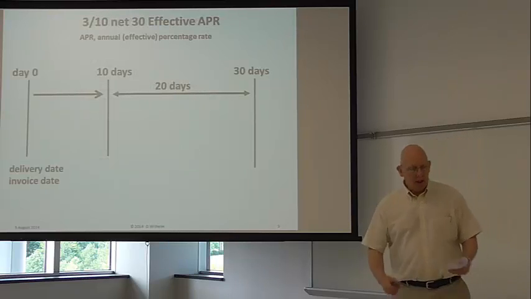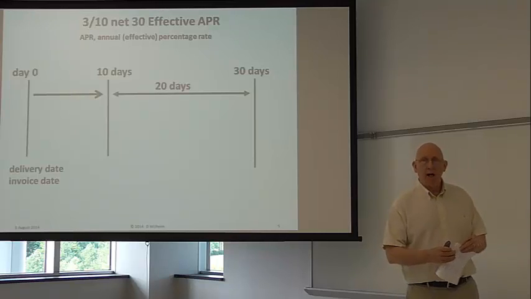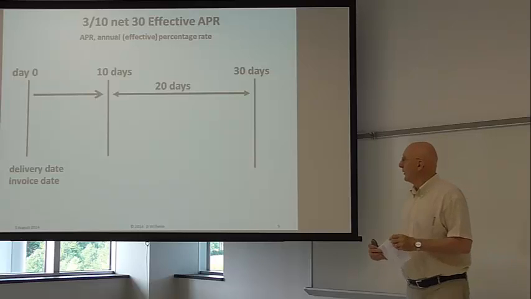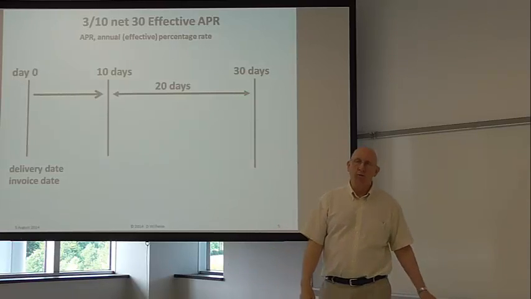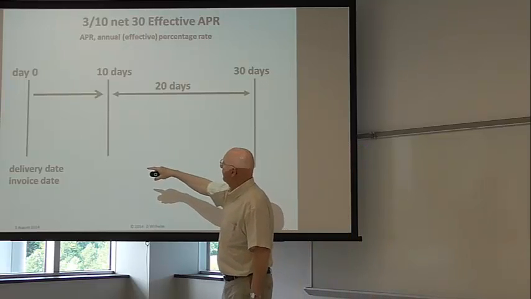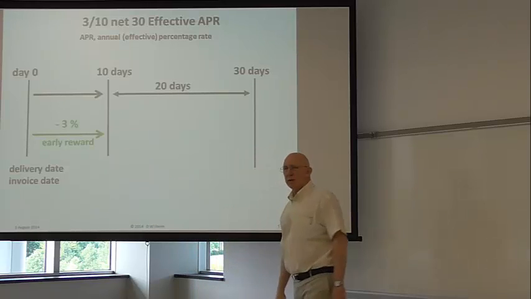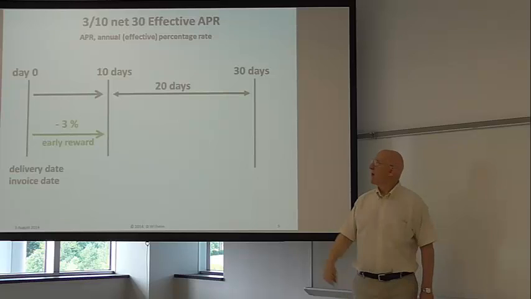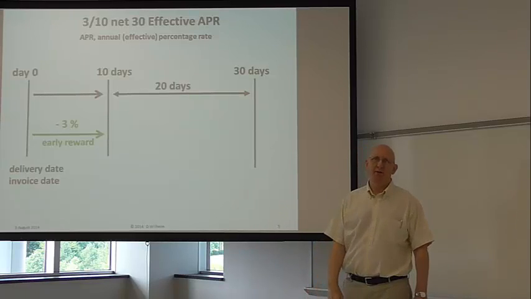Here is the 3/10 net 30 again, and the diagram shows us that from the delivery date or the invoice date, whatever's agreed upon, if the payment is made within 10 days, there's a 3% early reward. Otherwise, the customer has another 20 days to pay the bill.